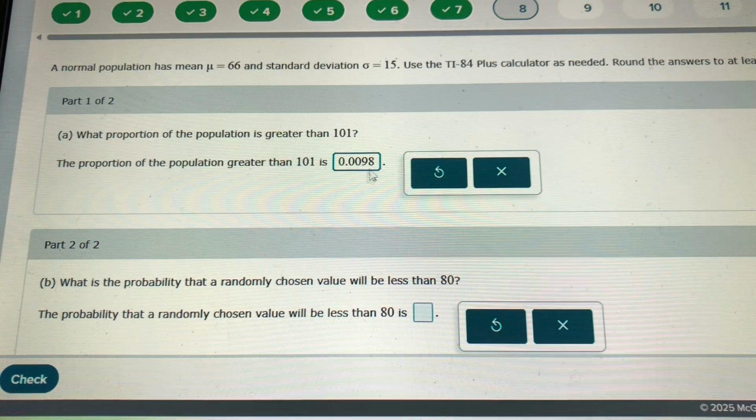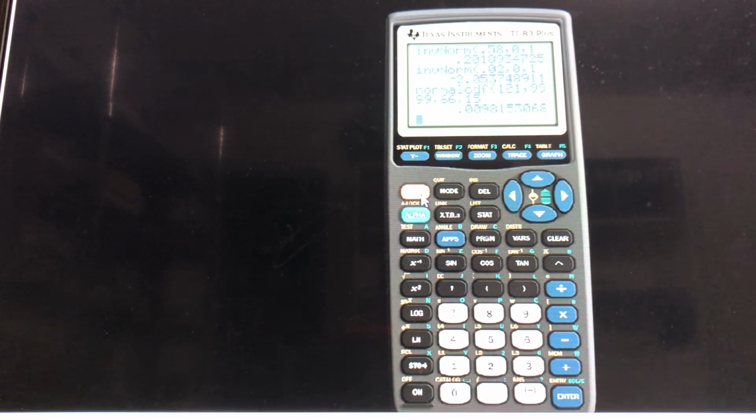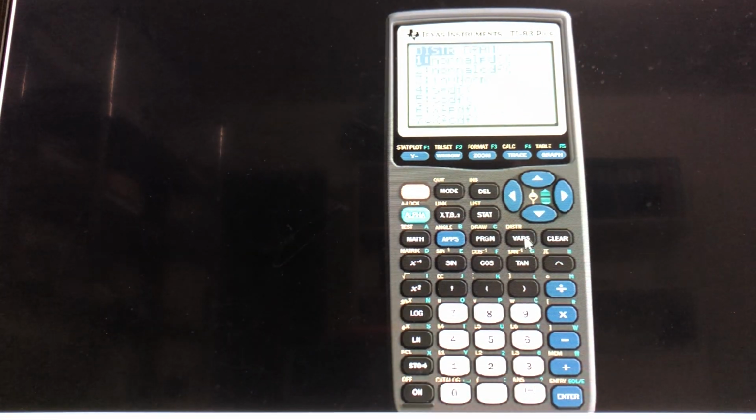And then here's the case that's less than 80. Less than 80. So now that's the case where you put negative 999 first. Normal CDF, negative 999, and I can just leave 3 9s because the 80 only has 2 digits in it. But then instead of 0 and 1, you put the 66 and the 15.